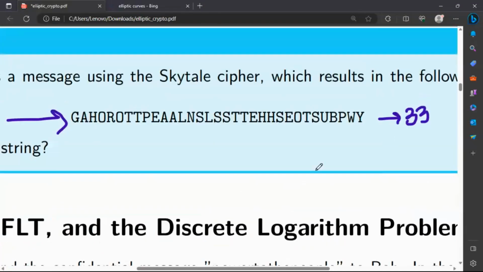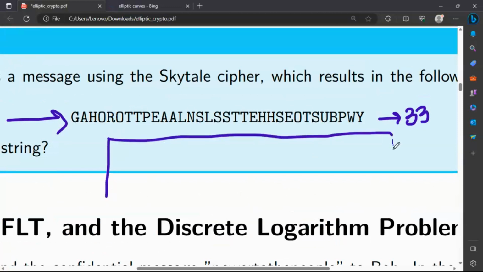And we can basically only arrange this one of two ways, since 1 into 33 and 32 into 1 doesn't really make sense. So we only have a 3 into 11 grid.